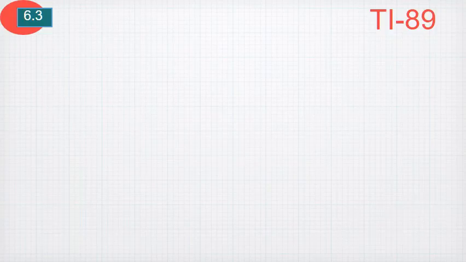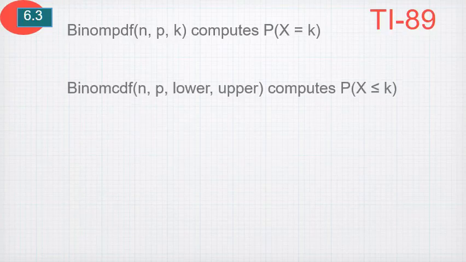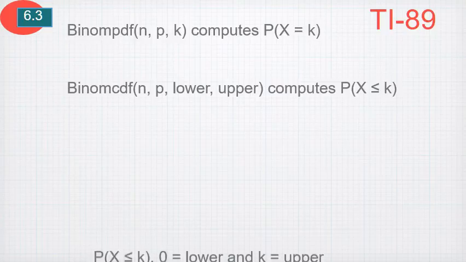Okay, ladies, so here is what we just did typed out. Binomial PDF: n is our number of trials, p is our probability of success, and k is the value given, the probability of x equals k. So that's when we use PDF. Binomial CDF: n is our number of trials, p is our probability of success, then we have a lower and upper bound. This computes the probability of x is less than or equal to k.